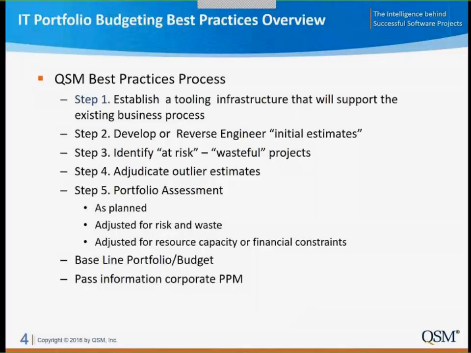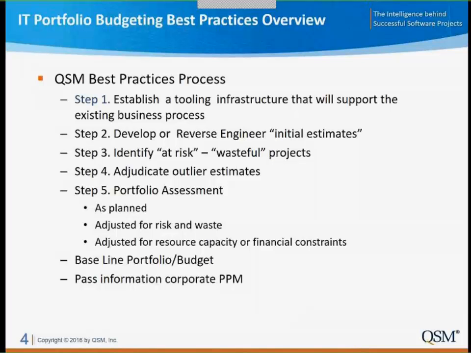Once we've established that and we have our tooling infrastructure set up and ready to go, then we're into the actual process of building out the initial estimates, which the budgets are constructed from. Sometimes in that step, we are simply reverse engineering estimates that have already been done by project teams, and in some cases we're developing those estimates from scratch.